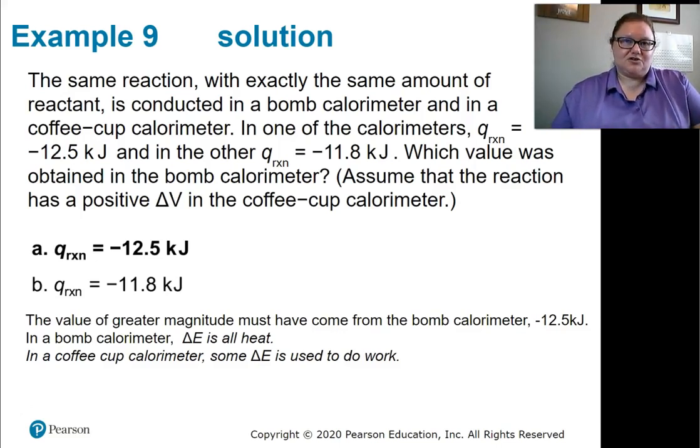Some of that change in internal energy is going to be done as work, so we are going to have a lesser value. This question says it's the same reaction, same amount of reactant, conducted in each of these types of calorimeters. So all this example shows is that the coffee cup calorimeter will have some heat loss due to work. That's all this example was to show.